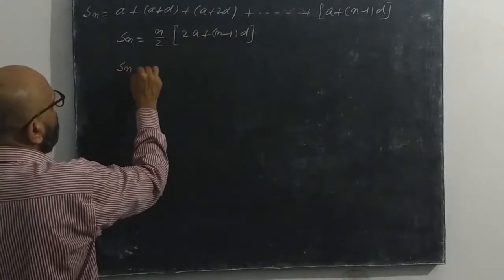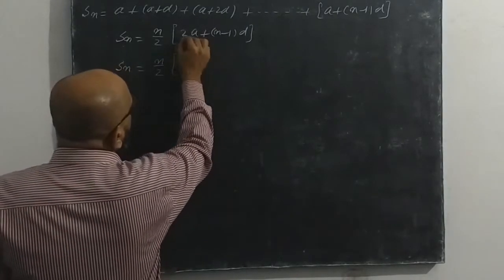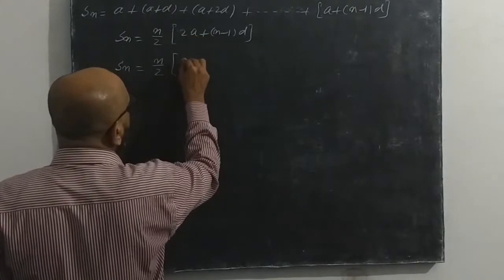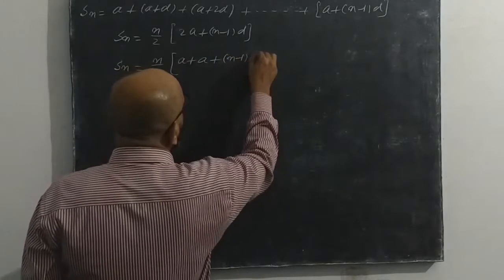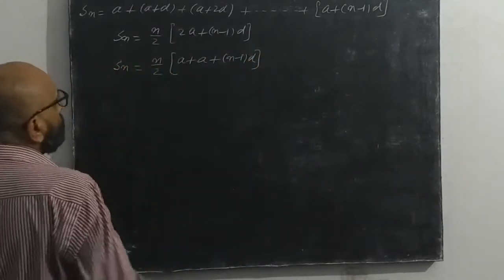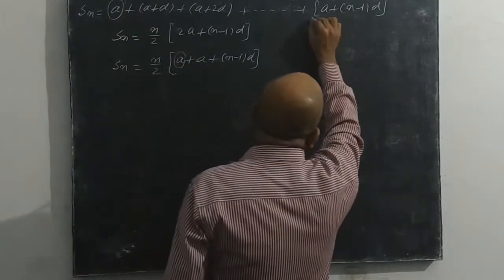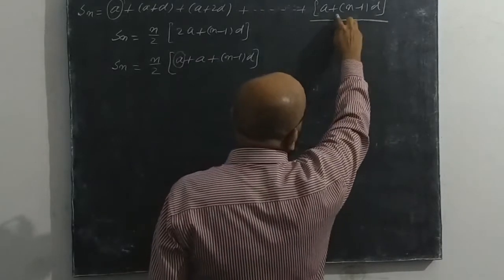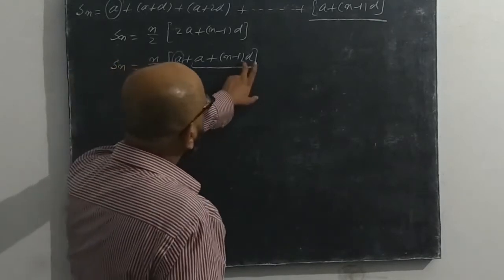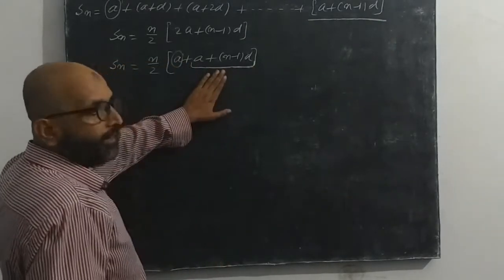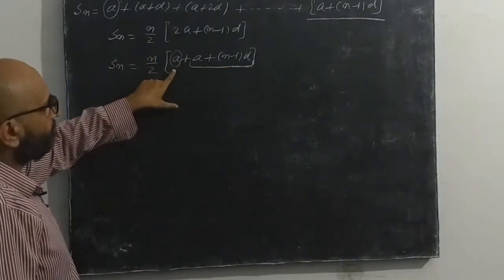So Sn is equal to n upon 2, and here we may break this 2a as a plus a, keeping (n minus 1) into d as it is. You see, the first term is a and the last term is a plus (n minus 1) into d. So this is the last term in our progression and this is the first term.